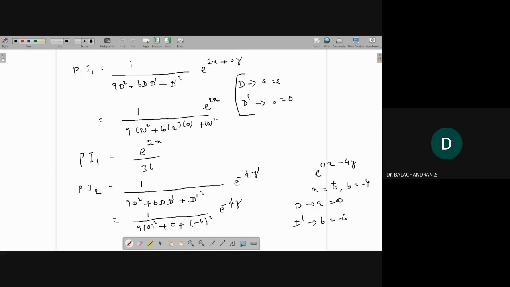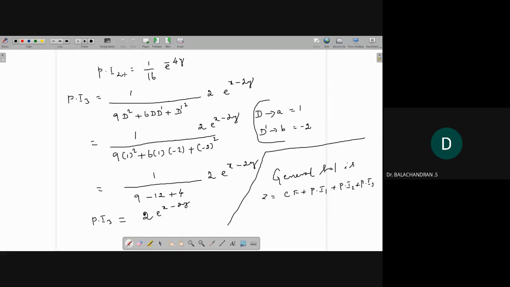So here a equals 0 and b equals -4. Replace D by a, which is 0, and D' by b, which is -4. So this is 0, this is also 0, D'² is 16. So 1/16 into e^(-4y).